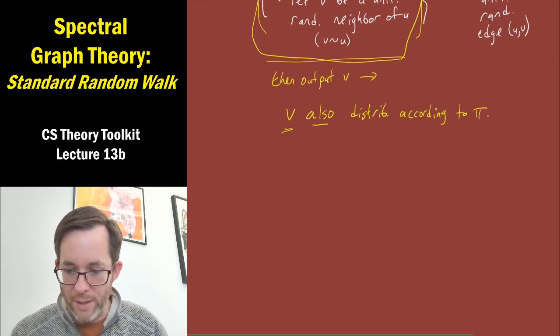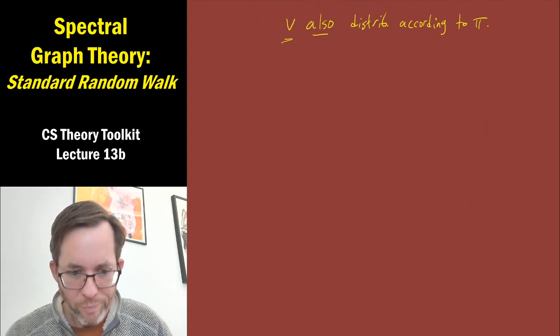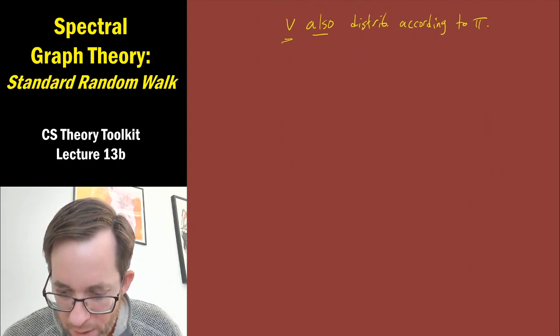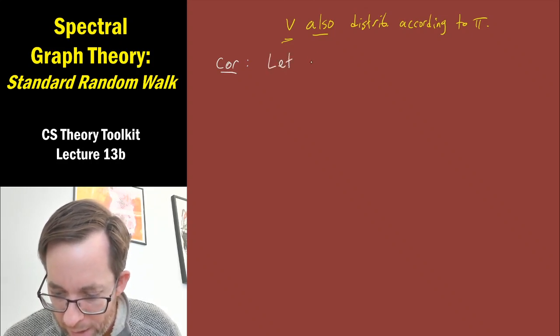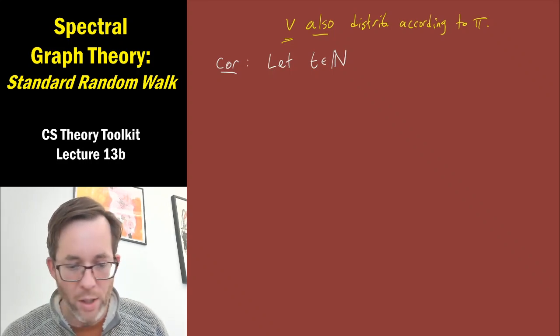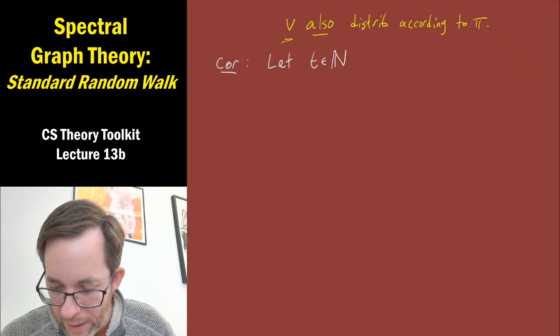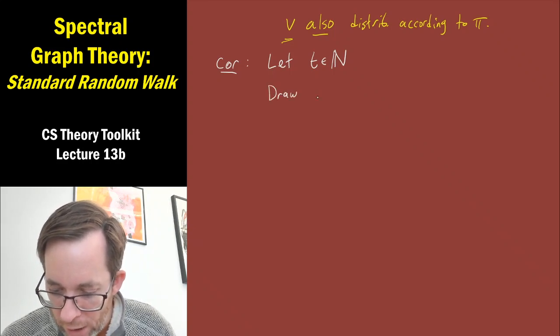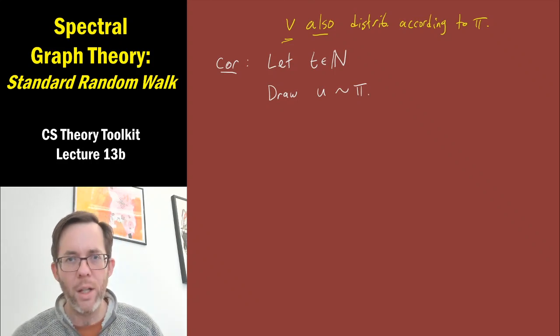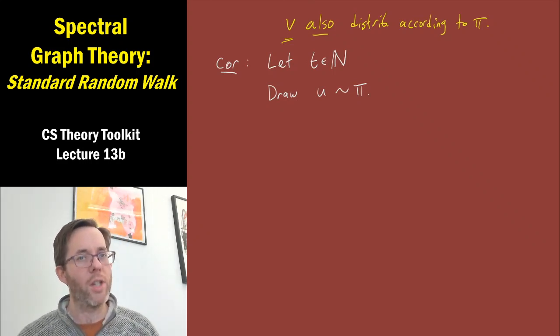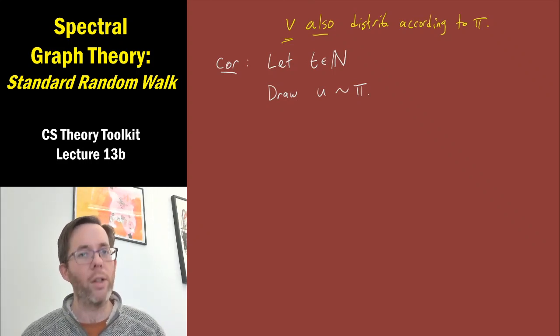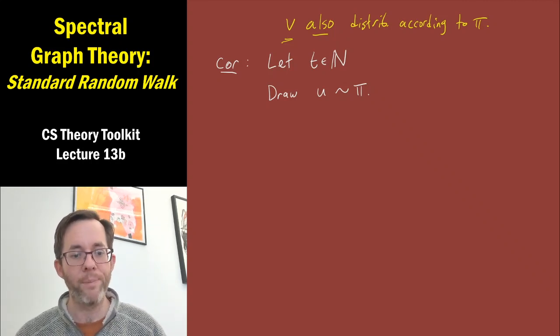So let me summarize this a little bit. As a corollary of all these discussions, fix some number t, a natural number, the number of steps you're going to make in a random walk. So in your mind, think of t as like 17 or something. And now draw an initial vertex u according to our special probability distribution pi, which again, for a regular graph is just the uniform distribution, but in general it's proportional to the degree.